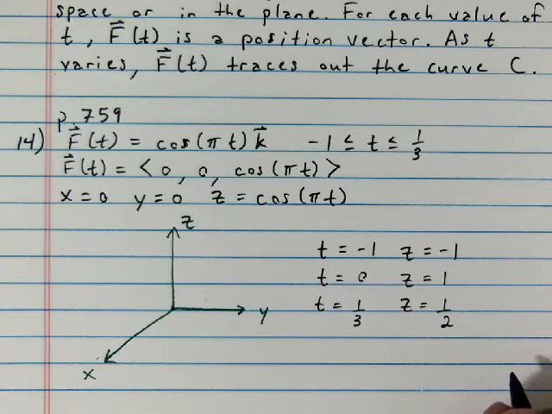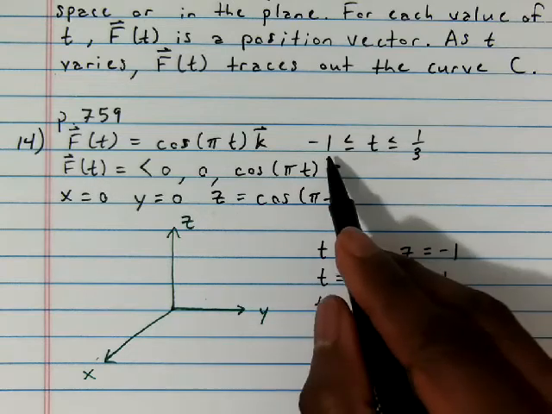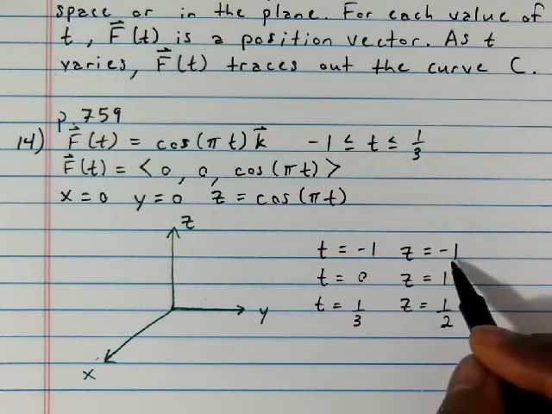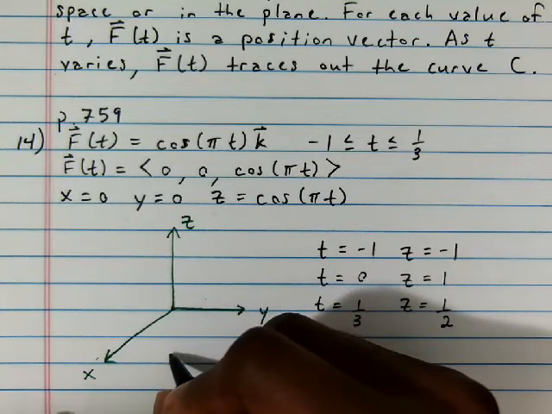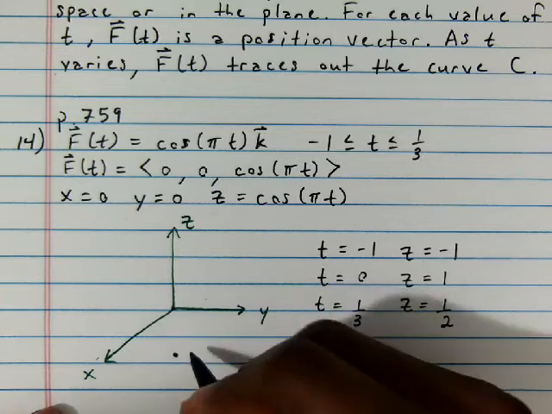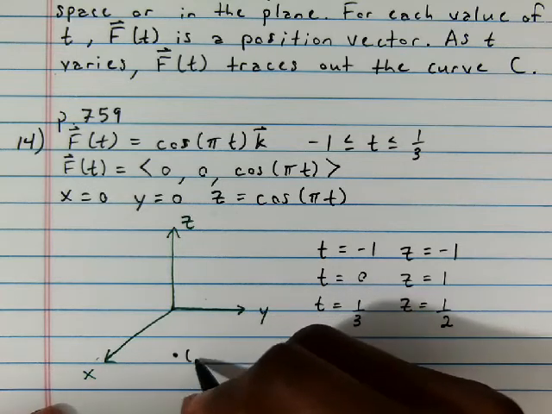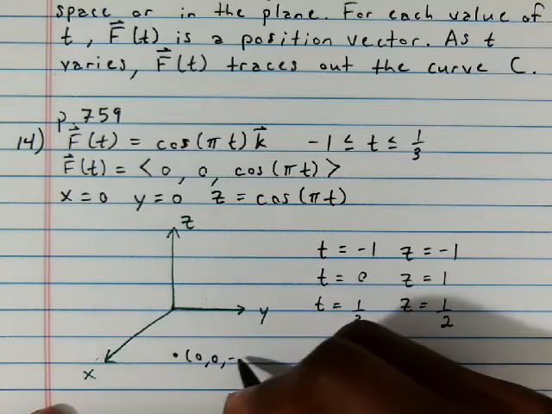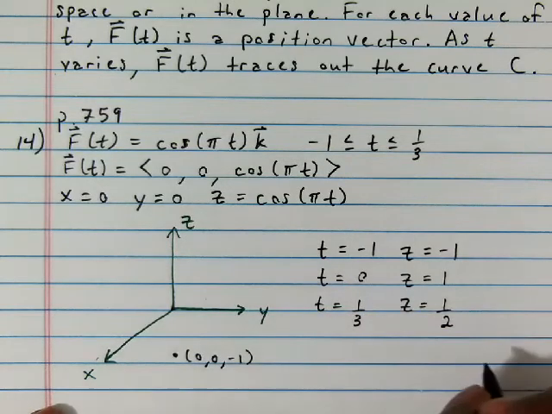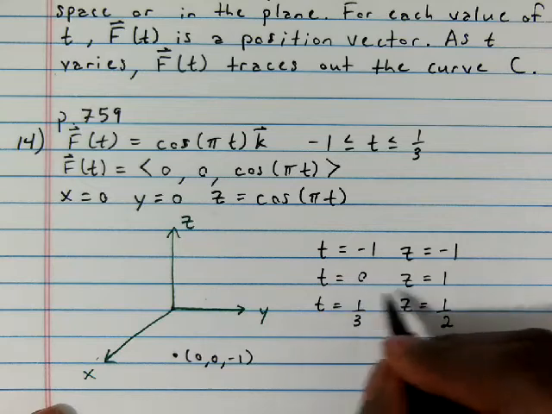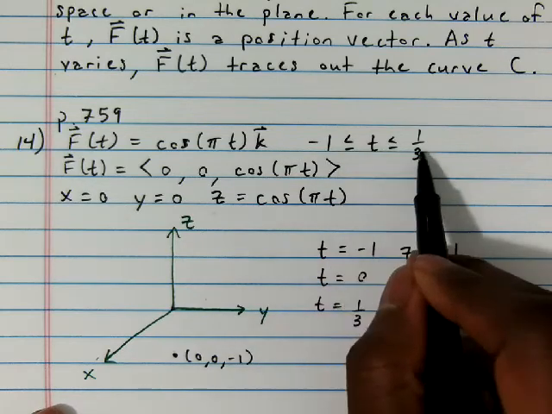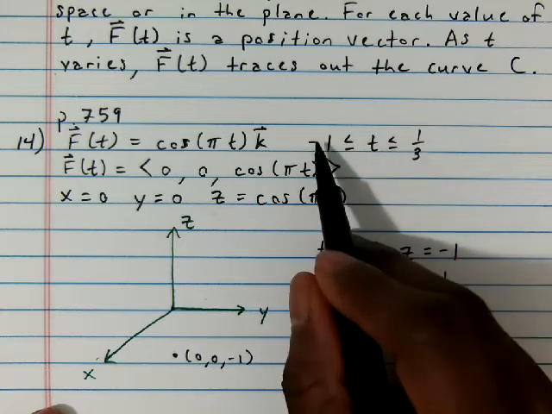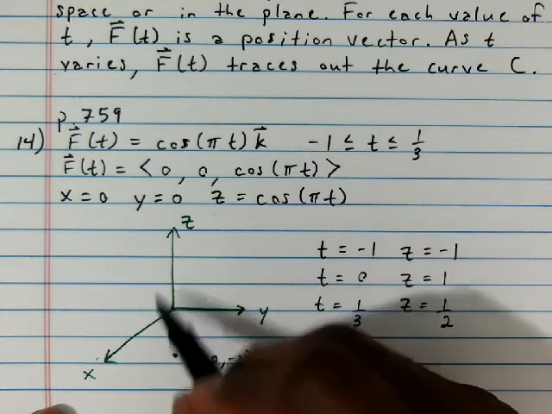All right, so if we start, this is the beginning, at t equals -1, we are going to be at z equals -1, which is, we'll say down here. So this is 0, 0, -1. And then at t equals 0, I'm going to be at z equals 1. So I'm moving in the positive direction here, which is going to help me indicate arrows when I sketch my little line segment.